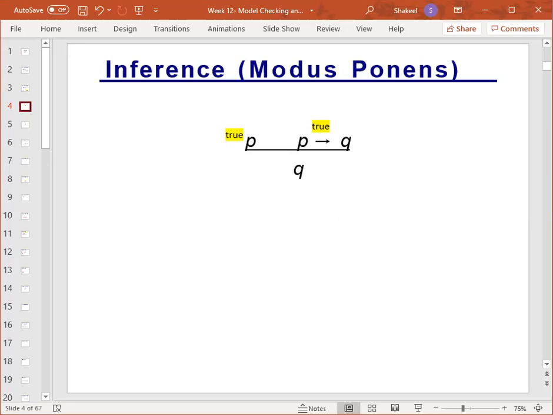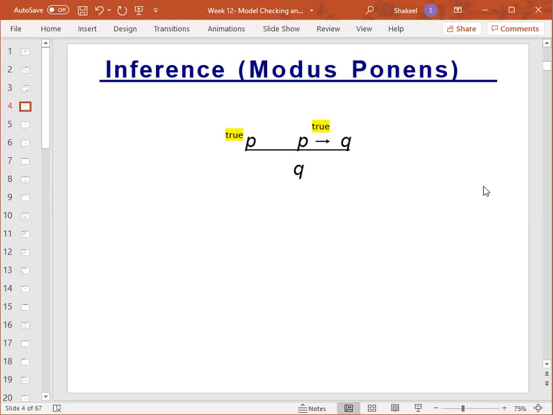So how can you write this as a Boolean expression, because here we are not used to writing this line of inference. But in fact, you can find it easily as an implication. So this means that there is an implication this way. We could write this Boolean expression as: if I have P and I observe P implies Q, then these two elements being true means I can confidently imply that Q is true.